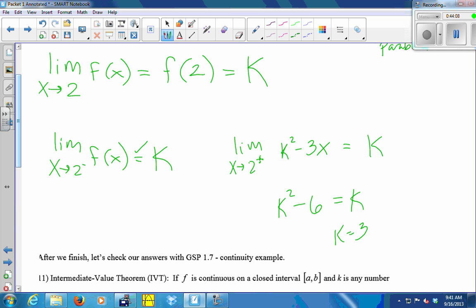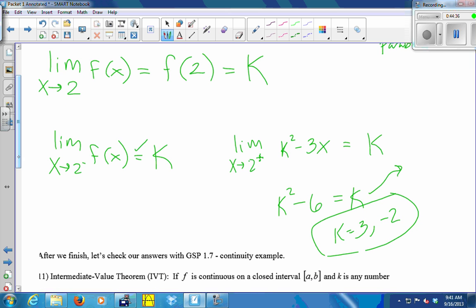Is there some tool I have that I could have solved this equation without just thinking of the solutions? Factor, I could move the k over, factor, or use the quadratic formula. It's just a quadratic equation. We get 3 and negative 2. Either of those k values should make my function continuous.